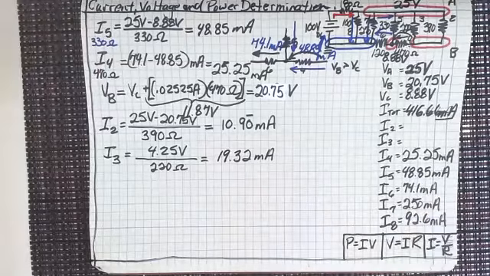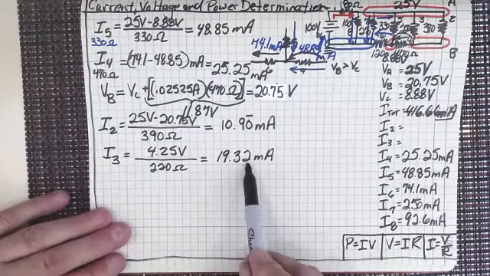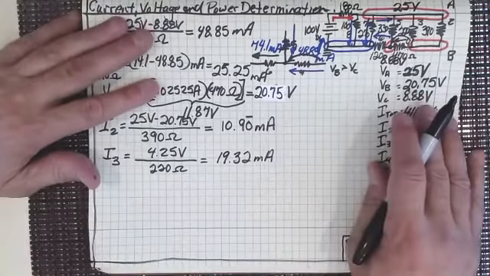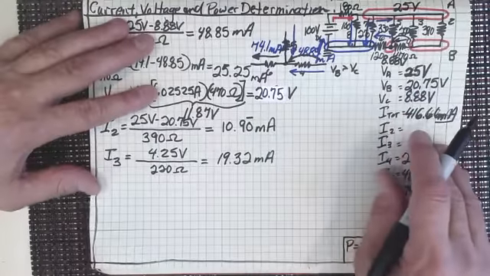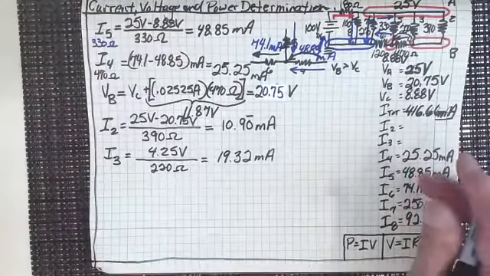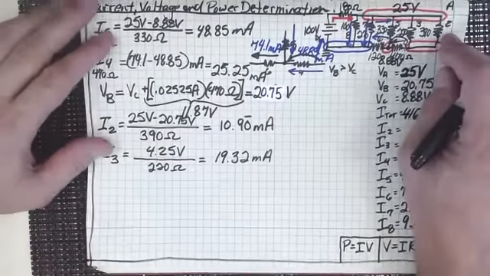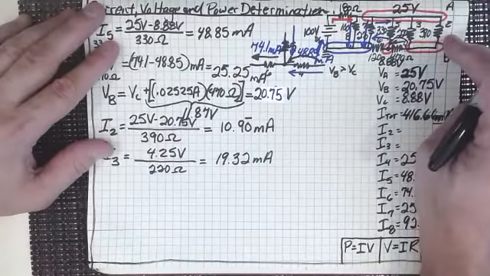Everybody just assumes that the 2 is always just the 0. That's why you put a line over the 0. You'll see that in plans and stuff like that throughout your life. All right, so now we know all of the currents going through all of these various resistors.